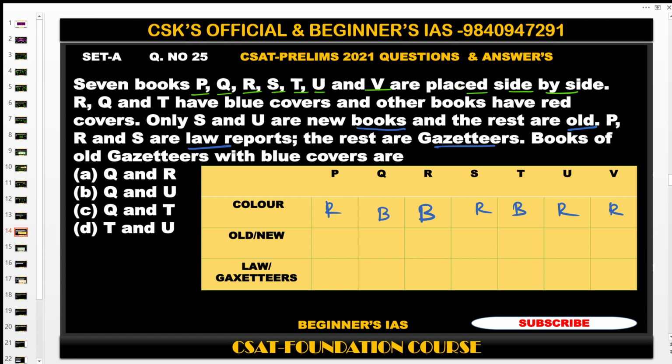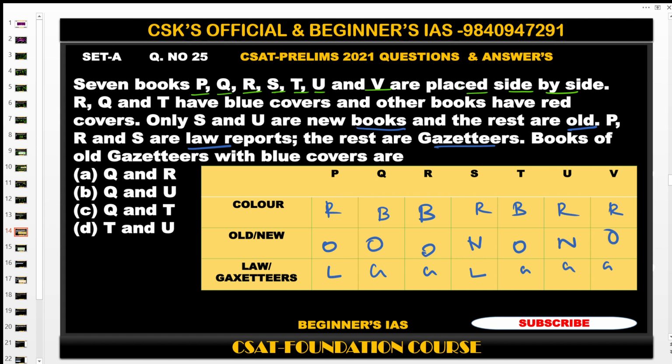S and, so new book, then U, new book. So the remaining are all old books. So next is P. P is a law book, then S is a law book. Remaining, guess it.